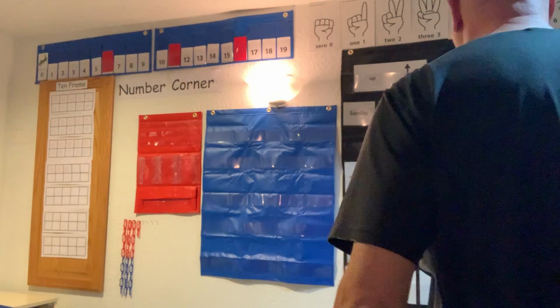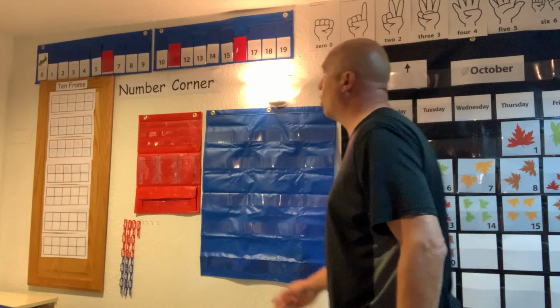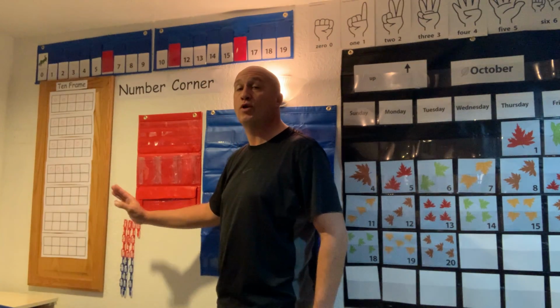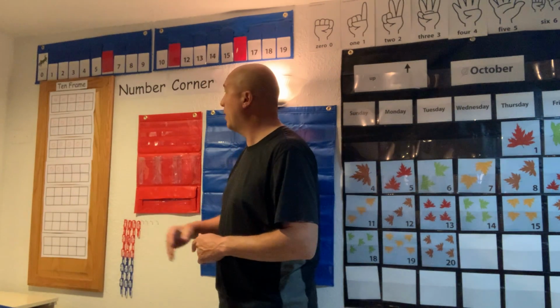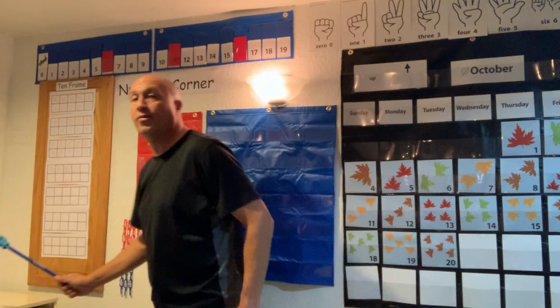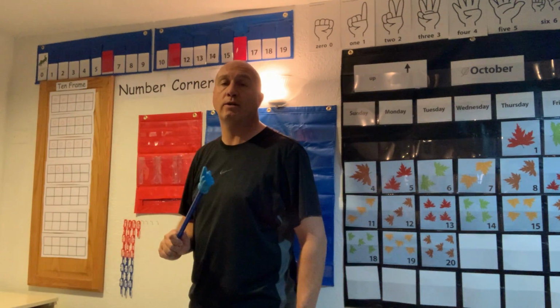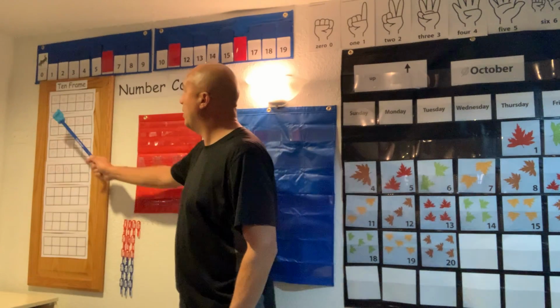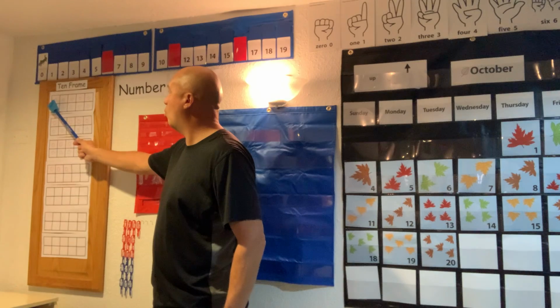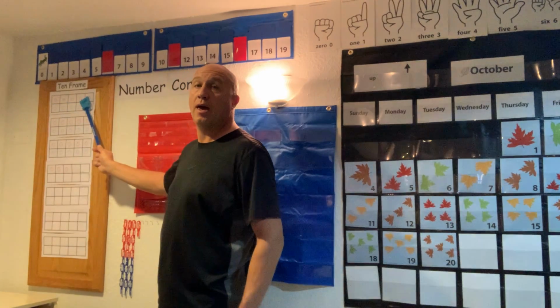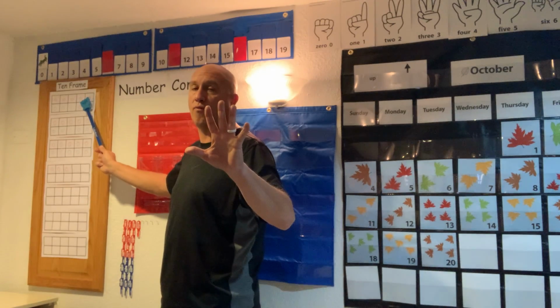Now, yesterday in our number corner, we were learning about our numbers and we were learning about our chain. Now, we've talked about 10 frame a little bit, but I want you to look very carefully at the 10 frame up here. And I need to color in the circles. I'll do that tomorrow. I couldn't find a really good red marker. But every top row, so 1, 2, 3, 4, 5, every top row is 5.